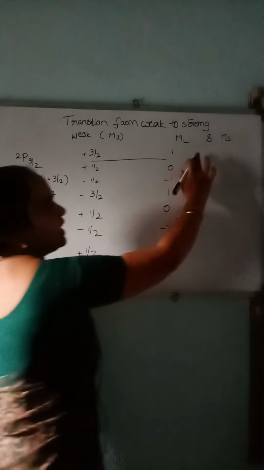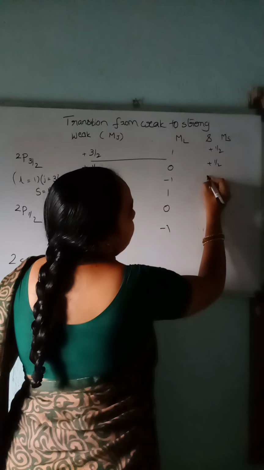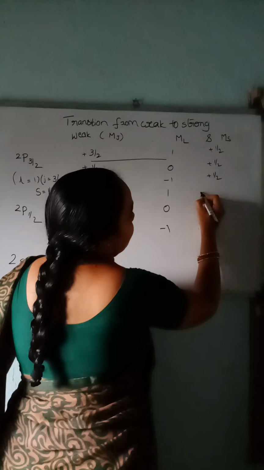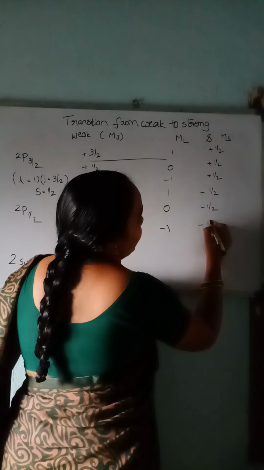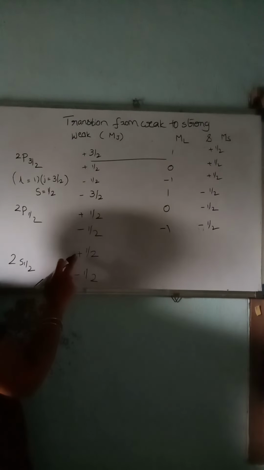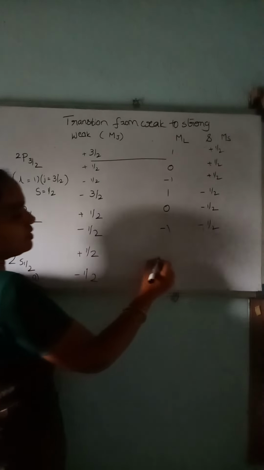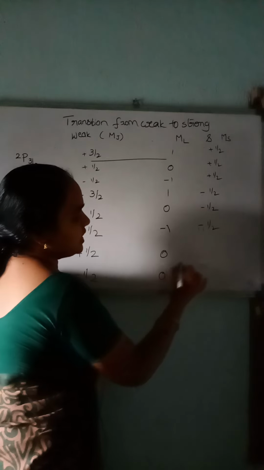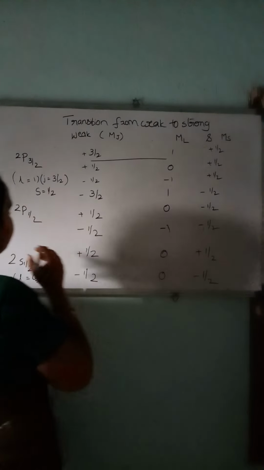For these three states, the possible Ms values are plus 1/2, plus 1/2, plus 1/2. For these three states, minus 1/2, minus 1/2, minus 1/2. For the s state, the possible Mj values are 1/2, minus 1/2. L value is 0, so the possible values are only 0, with plus half and minus half.